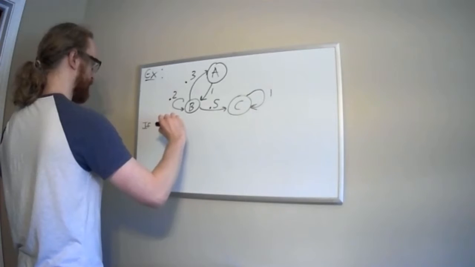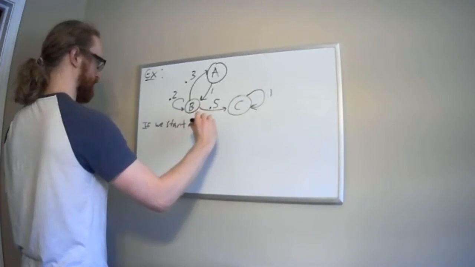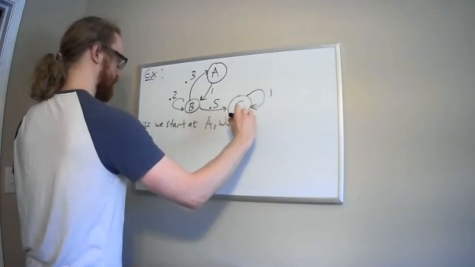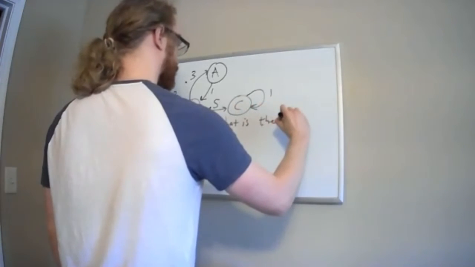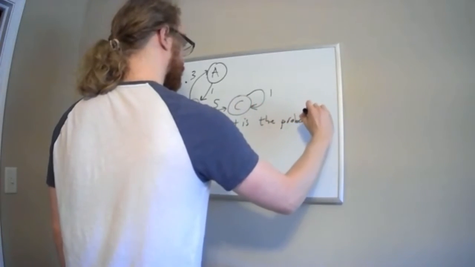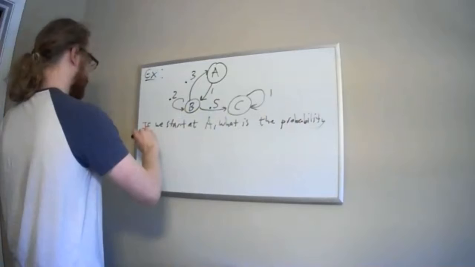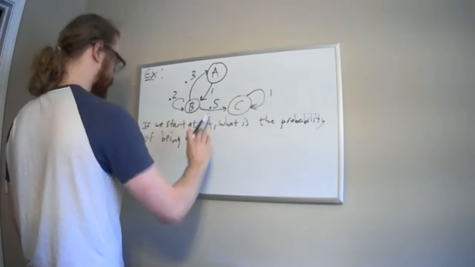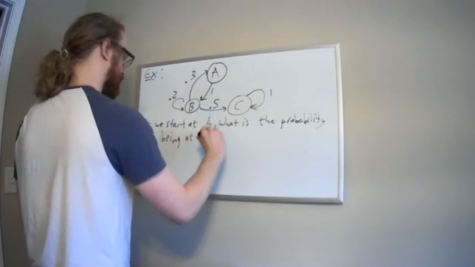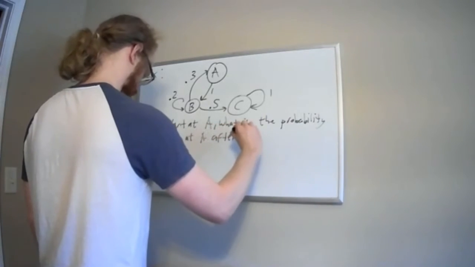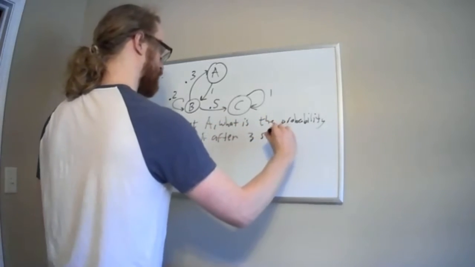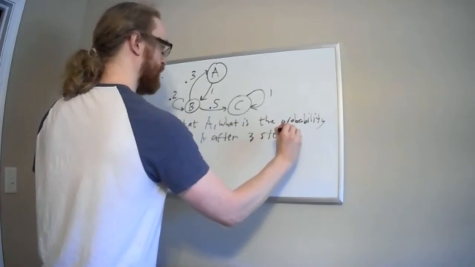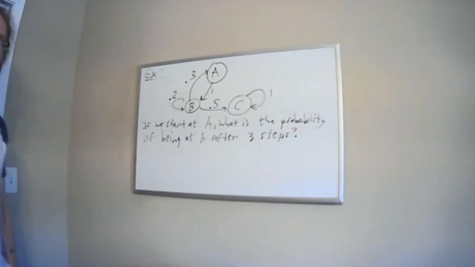If we start at A, what is the probability of being at A after 3 steps? So what's the probability of going from A back to A after 3 steps?